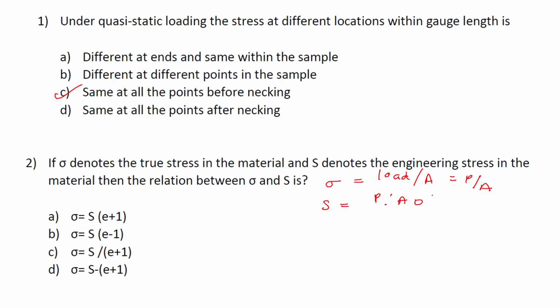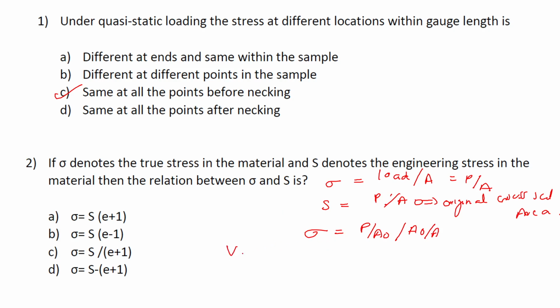Where A0 is the original cross-sectional area. Now, true stress will be what? Sigma is equal to P by A0 divided by A by A0. As the volume of the sample does not change during the test, right?